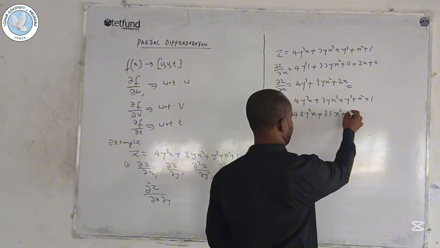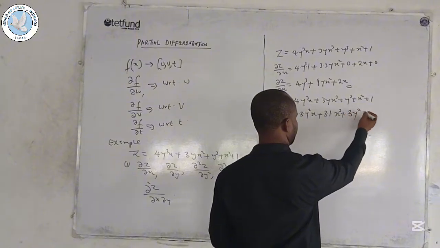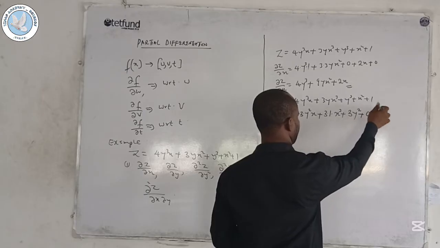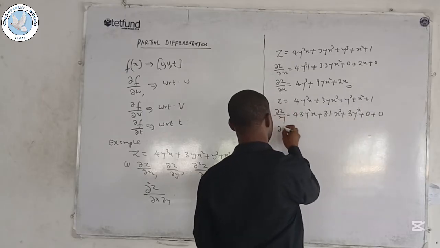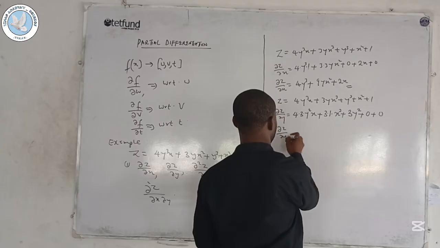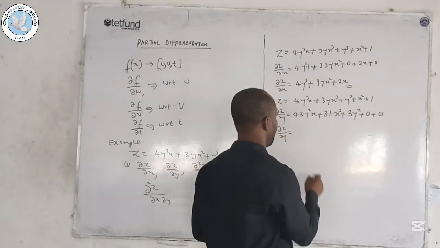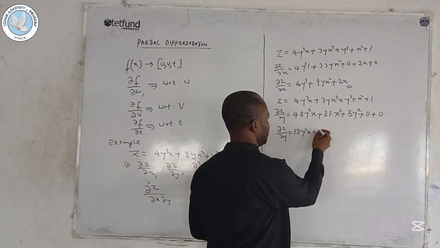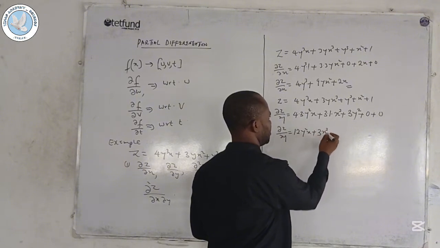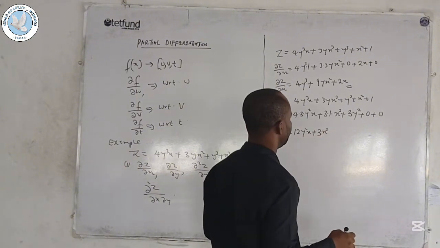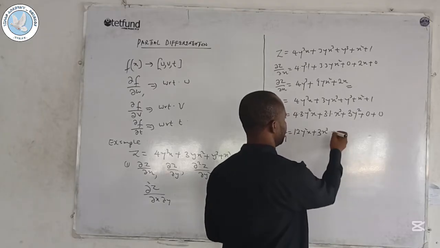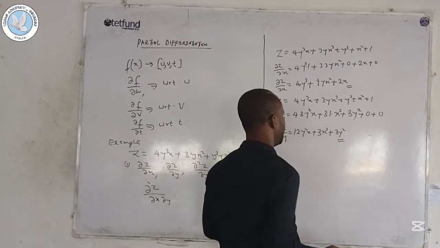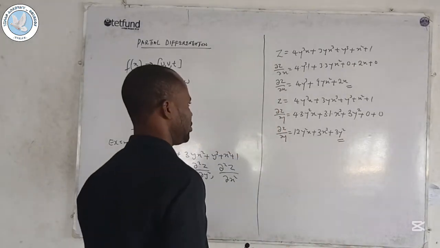We differentiate this, we have this reduced to 2 plus 0, this is constant, and this is constant. Rearranging the solution, we are having 12y squared x plus 3x cubed plus 3. That is a solution with respect to y.